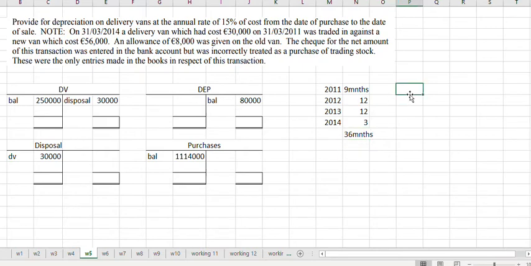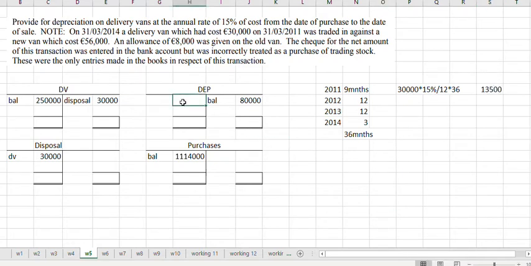So let's work out what the depreciation would have been on it. 30,000 times 15% divided by 12 gives us 1 month, multiplied by 36 months gives us 13,500.